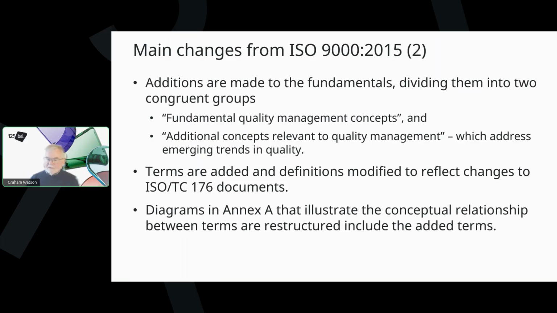They're now all in 9000, and the concept diagrams in Annex A have been revised to include those additional terms, and that's the big reason why you say, well, why have you changed the number of these terms? That's the reason why.